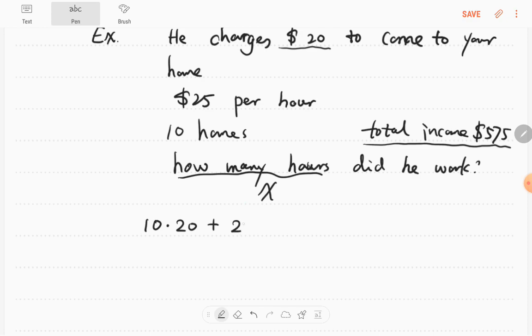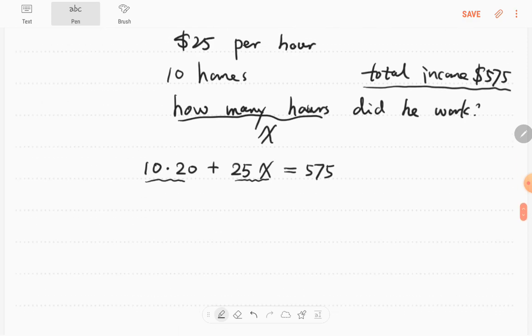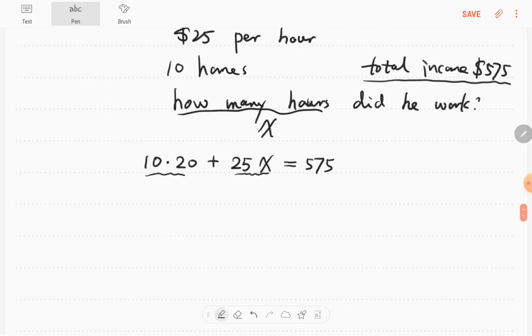Each hour will get 25 times how many hours did he work. So this part plus this part will get the total income. So this is how we list our equation.